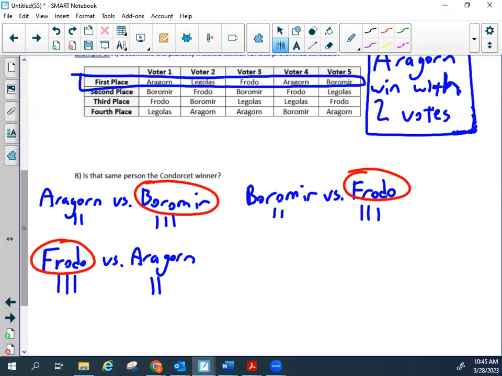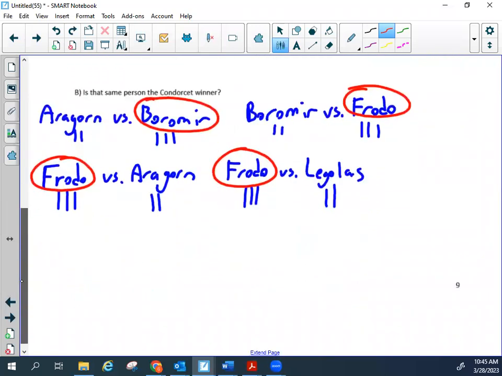He's beaten Aragorn. All he has left is against Legolas. And I see that Frodo wins again 3-2. So Frodo wins because he's beaten everybody head to head.